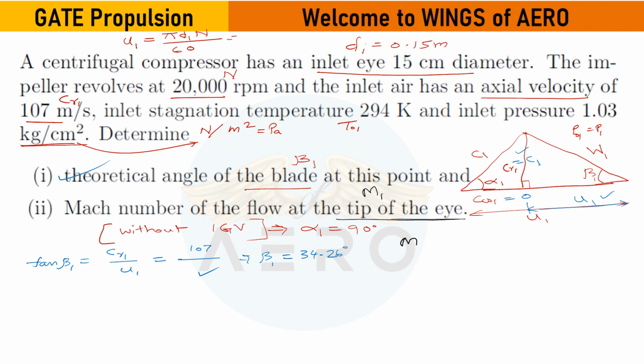So how can we relate the Mach number M1? What is the usual one? Velocity by root of gamma R T, right? This is the formula. Now we can find this T1 also. But which one are you going to consider as the velocity?